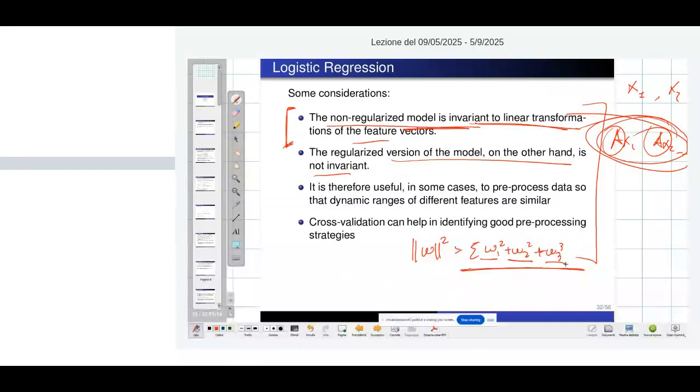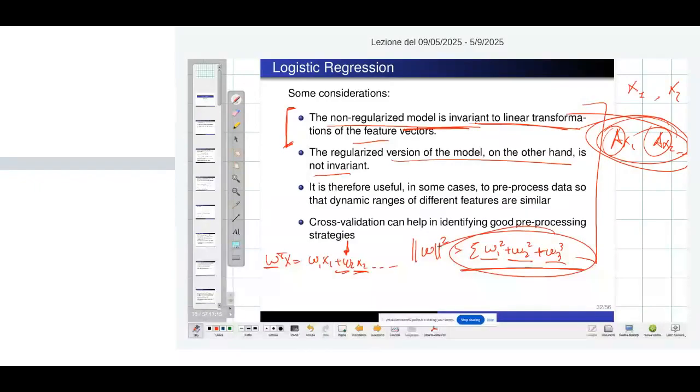Remember that when I write W transpose X, this is the sum of W1 X1 plus W2 X2, etc. Now, if I scale a single component of my input vector, to obtain the same W, I will need to do the inverse scaling for the component of W. But if I do the inverse scaling for a single component, I'm changing the value of the regularization.